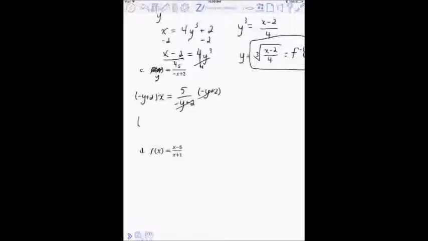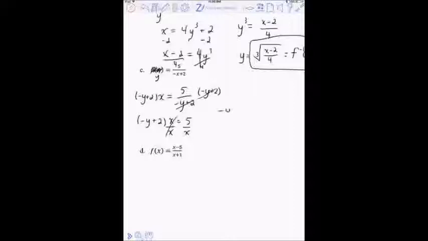So now to get y by itself, it wouldn't make sense to distribute the x, because that's just going to put another thing with y that I don't want. I want to keep y and try to get y by itself. So rather than distributing the x, I'm going to divide by it.